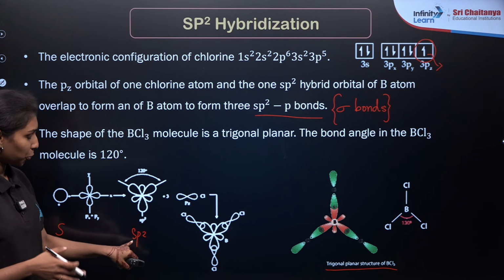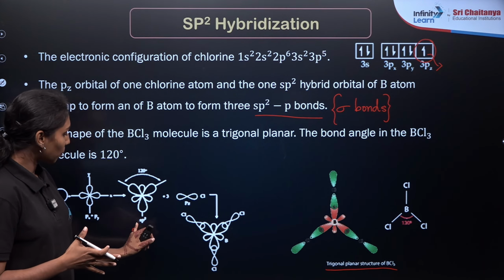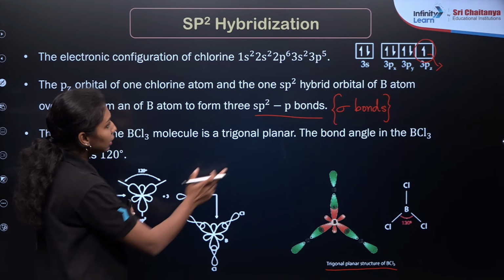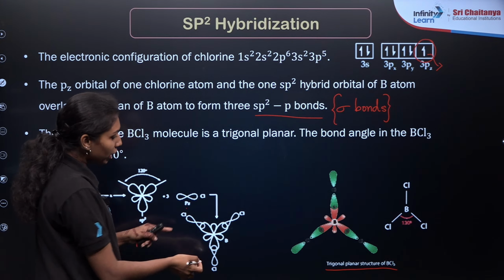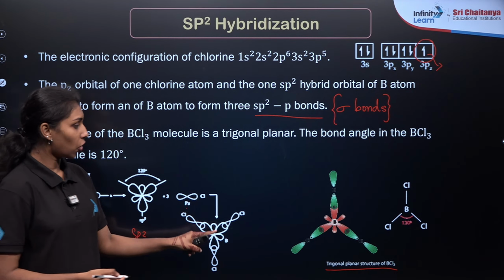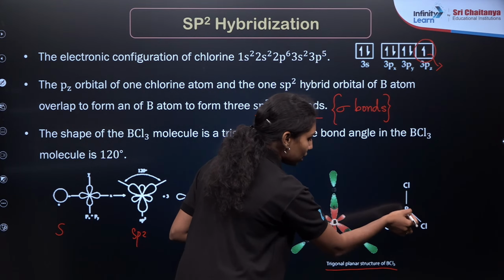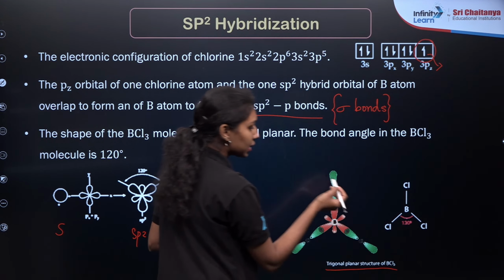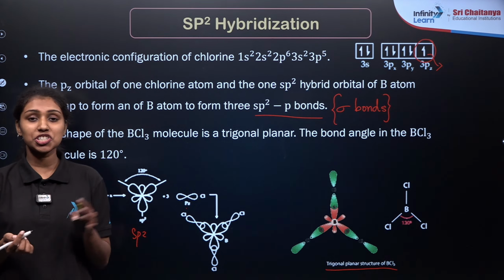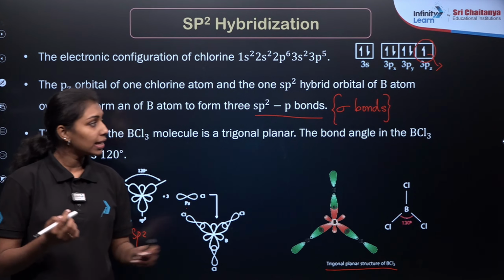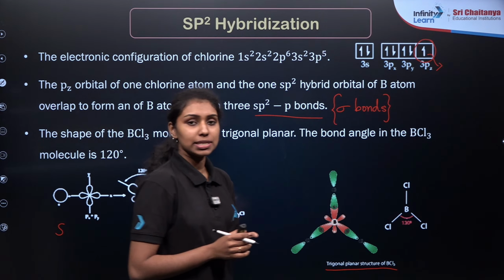This is the shape of the sp2 hybridized orbital. This sp2 hybridized orbital overlaps with the pz orbital of chlorine to form the corresponding sp2-p sigma bonds. So in total, BCl3 has 3 sigma bonds with a bond angle of 120 degree and the shape is trigonal planar. Is there any doubt regarding the shape of BCl3?